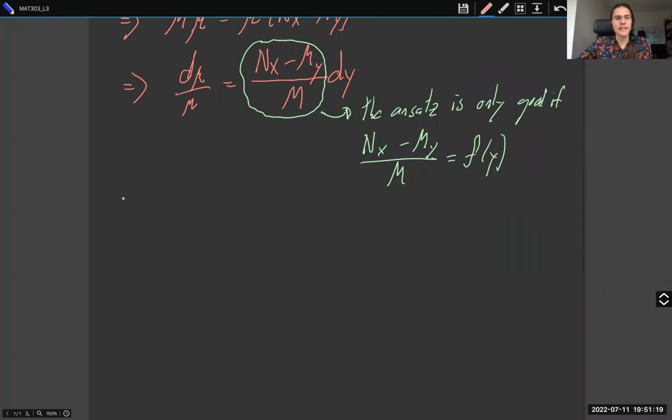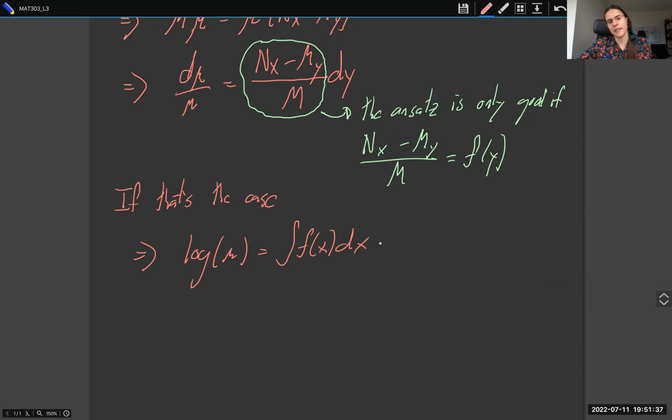So if that's the case, then we do what we did before. What we have is that log mu is equal to the integral of f of y dy, and so mu is equal to e to the integral of f of y dy.